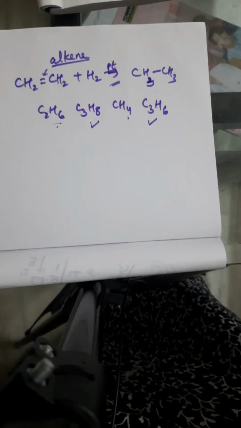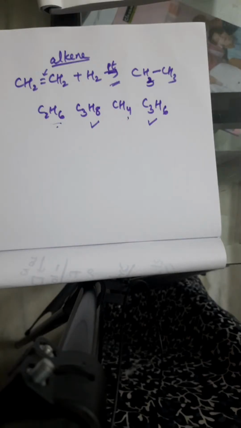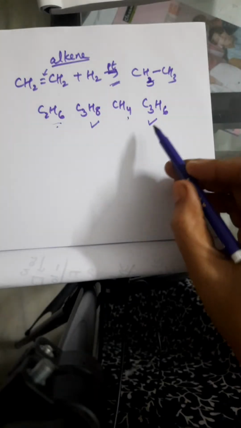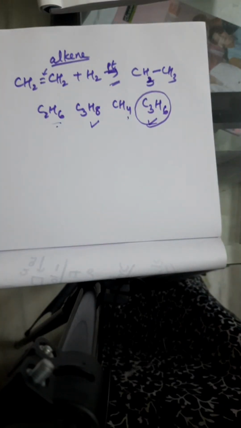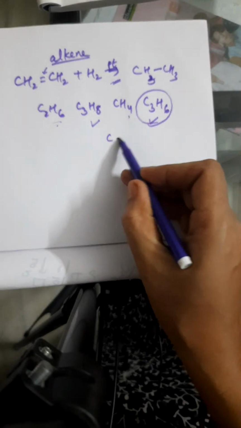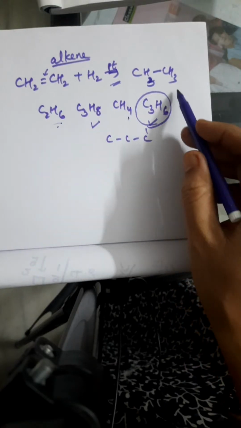Why is there no response? So here the hydrogenation reaction will be carried out in C3H6, as it is a double bond compound. So how can you write the C3H6 formula? There are 3 carbons, then 6 hydrogens.